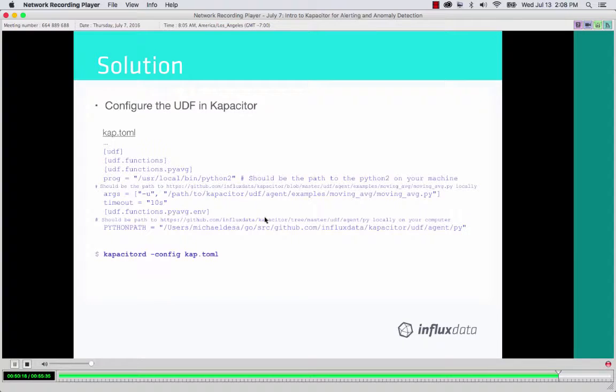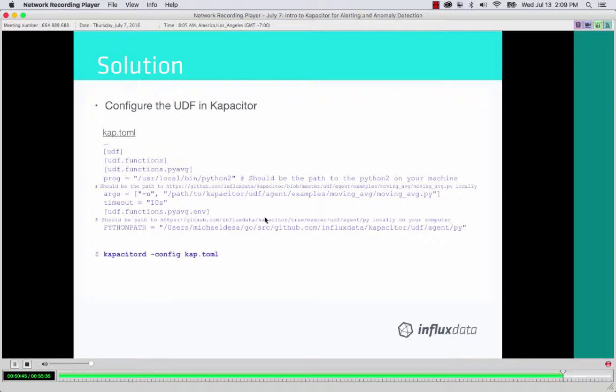Once we have the TICKscript, we need to configure the UDF inside of Kapacitor. To do that, in the Kapacitor TOML config file, we will modify the section that says udf, in particular the section for udf functions. We set up prog, which should be the path to the program responsible for running the UDF.